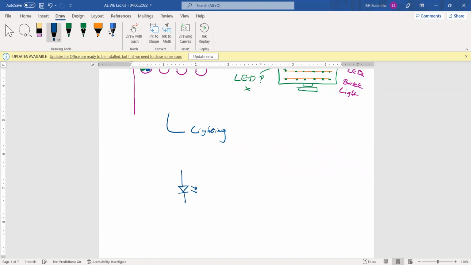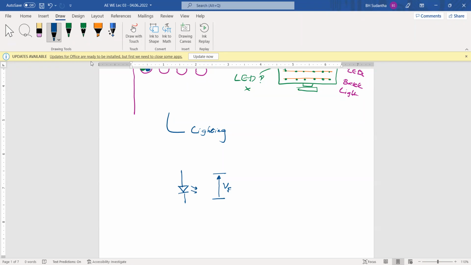This is the circuit symbol of this LED. To turn on this LED, we have to provide certain power. For example, we have to provide a voltage across this one. The forward voltage: I think in the diode, to turn on the diode, or to send current through the diode, you need 0.7.